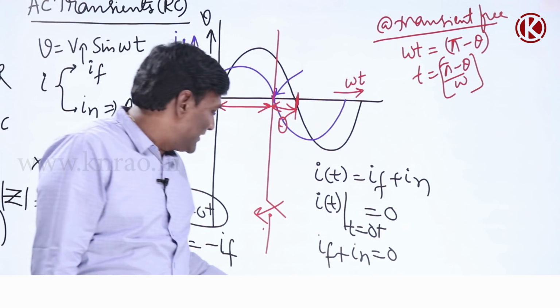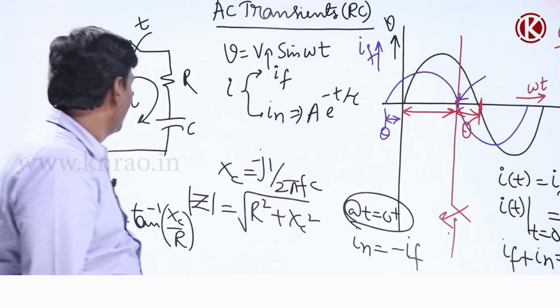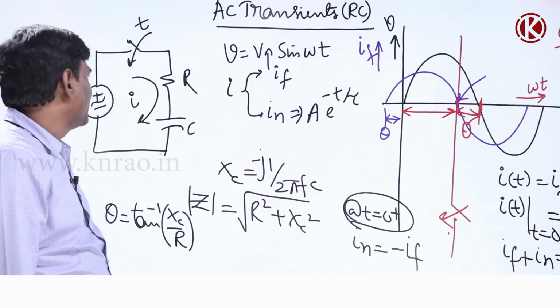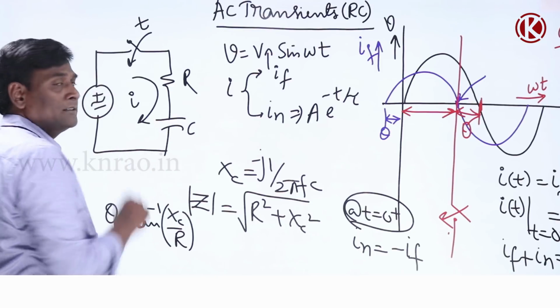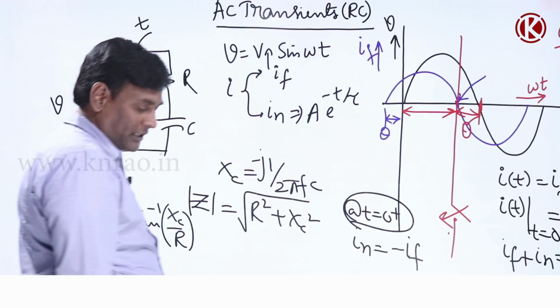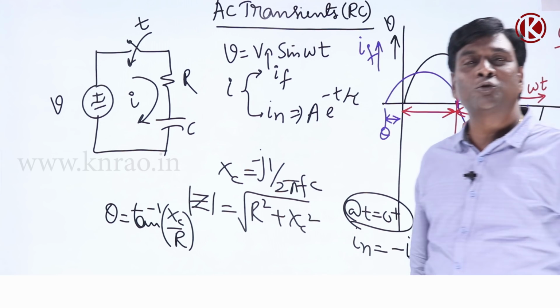No. Basically, see here, it is actually very painful. You can open your networks notes and think. Before t less than 0, how much is the current? 0. Immediately after closing the switch, how much will be the current? Will it be 0? In inductance, current will be 0, not through capacitance.